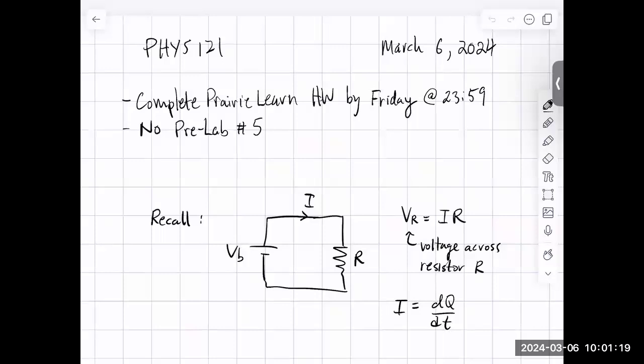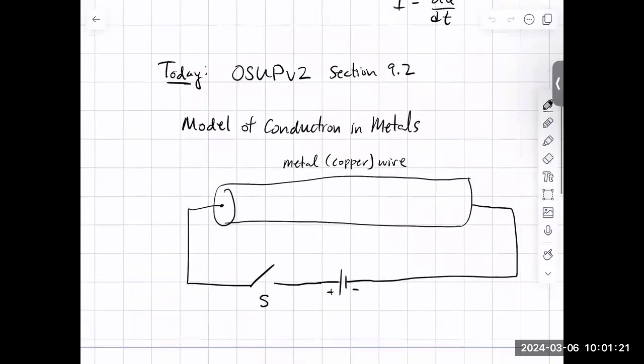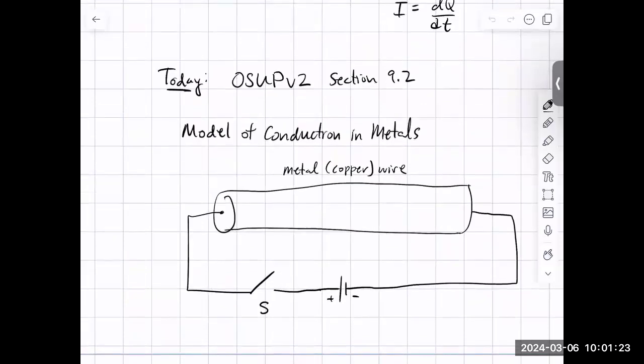Okay, so just to orient ourselves, where we are in the book is section 9.2, and the topic is the model of conduction in metals. Here's basically the exact same setup that you had in lab number 4. There's some conducting wire, we connect it to a voltage difference, and we could measure, say, a current.